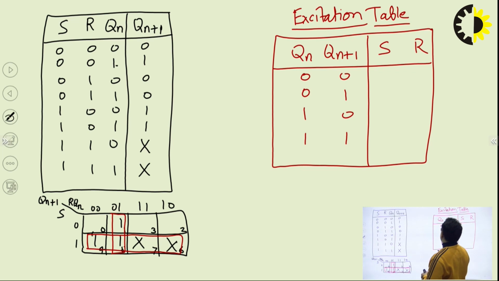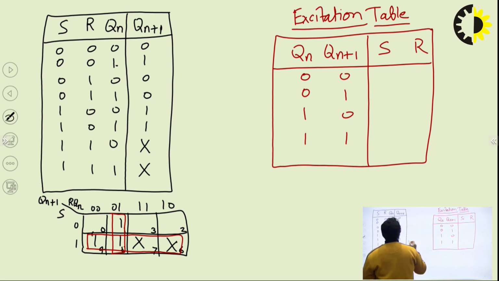So we are going to start first with the combinations for which the output values are different. That means 0 to 1 and 1 to 0. If you consider this as the present state, this will be the next state. So we have to concentrate on the value 0 to 1.